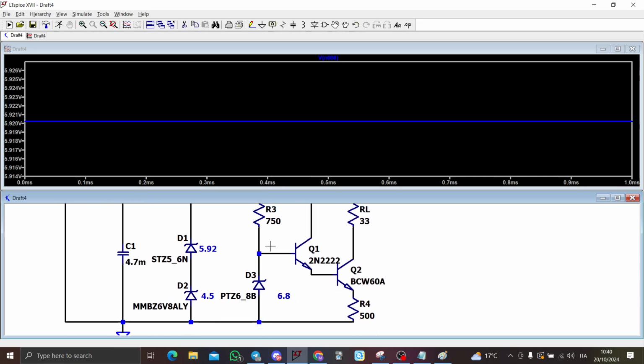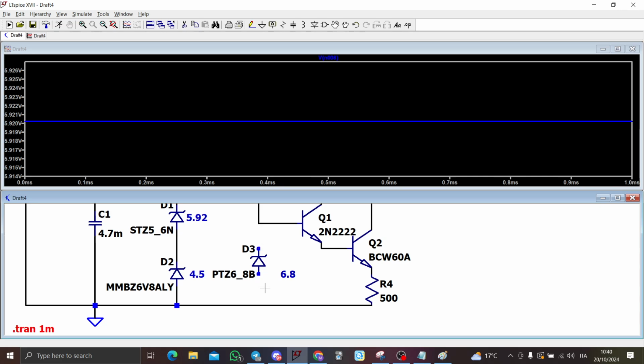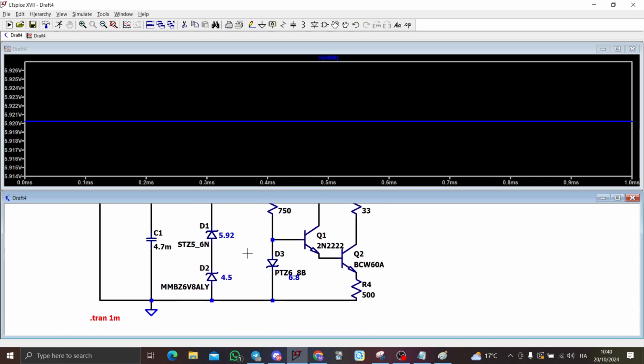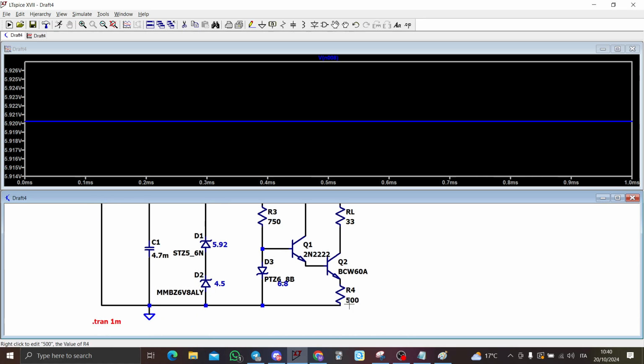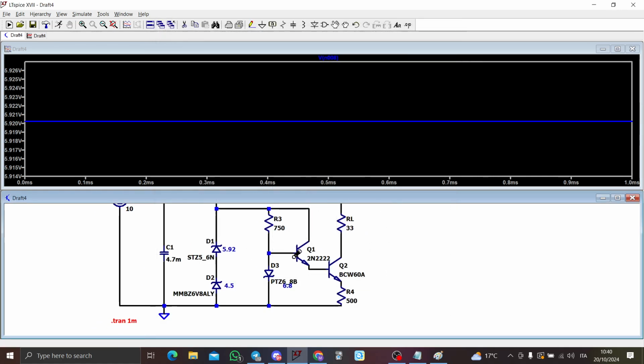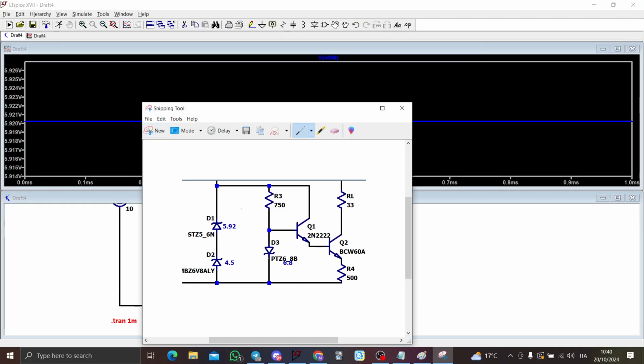Now, to satisfy one possible curiosity, what would have happened if the Zener diode acted like this? Well, basically, in this case, on this side here, this is the anode, this is the cathode.